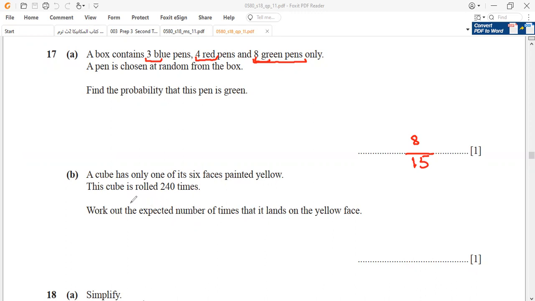So to find the expected number of times that it lands on the yellow face from 240 times, we need to multiply the number of experiments, 240, by the probability of this one yellow face out of 6. 240 multiplied by 1 out of 6 is 40 times, this expected number.